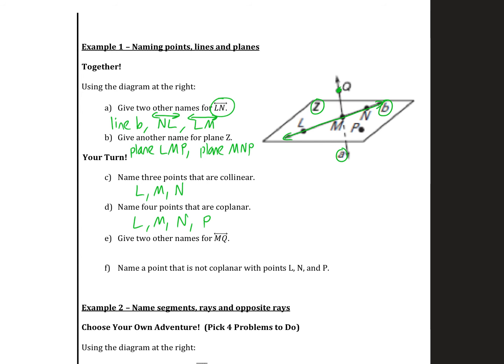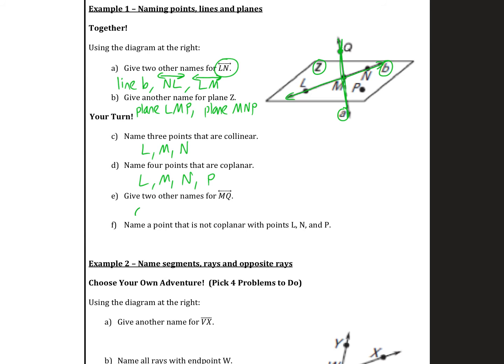We need 2 other names for line MQ. This is line MQ right here. Okay, so MQ, we can flip it around and call it QM with the double arrow. We could also, this A down here, remember, labels the line too. We could also call it line A. So A, Z, and B are not points.